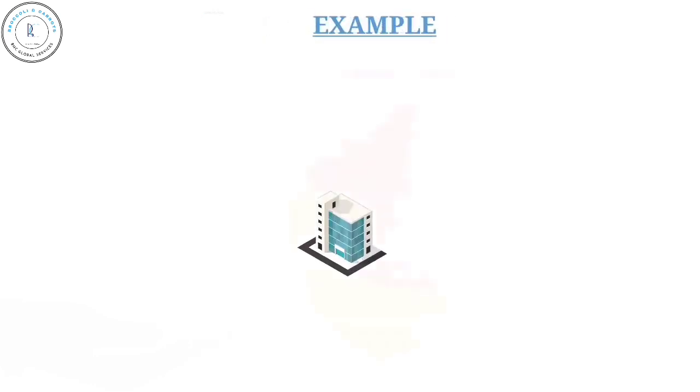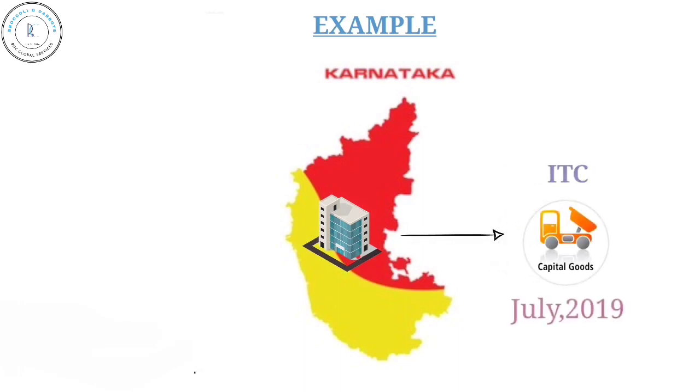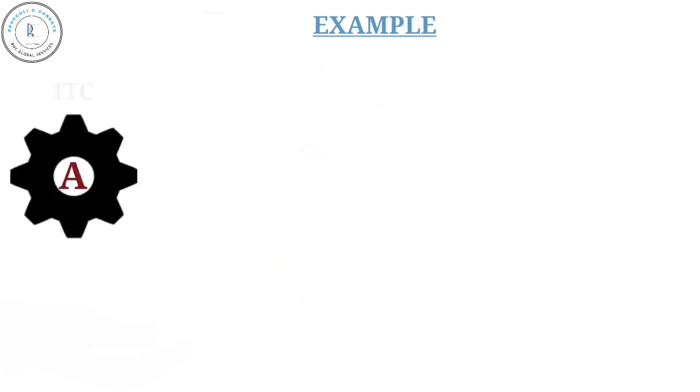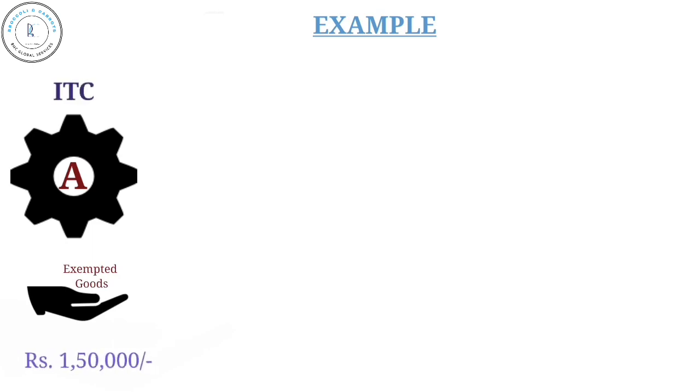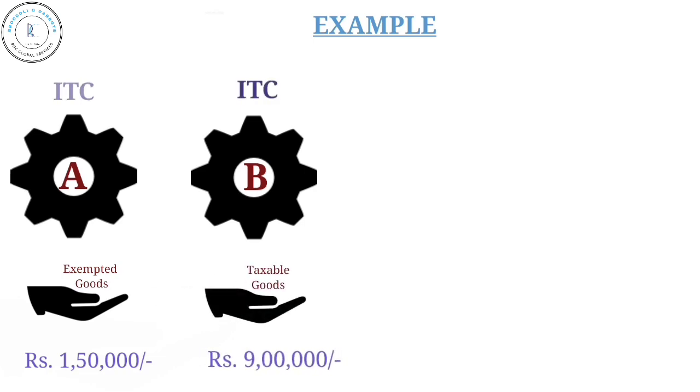Example. A company operating in Karnataka had availed the following ITC on various capital goods purchased in the month of July, 2019. ITC on Machine A, used exclusively in supply of exempt goods: 150,000 rupees. ITC on Machine B, used exclusively in supply of taxable goods: 900,000 rupees.